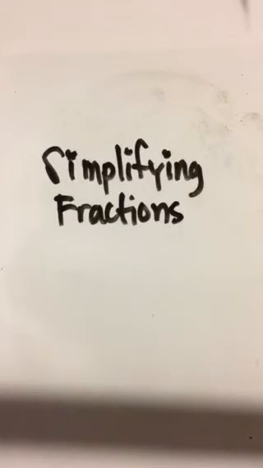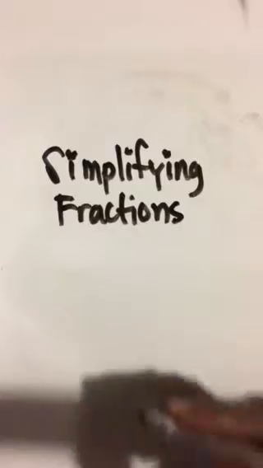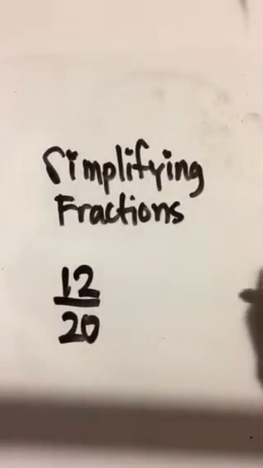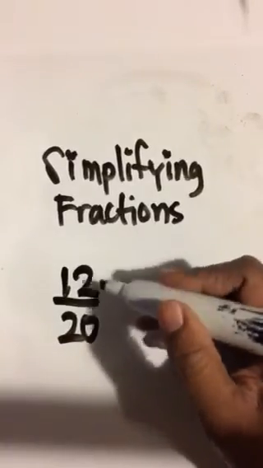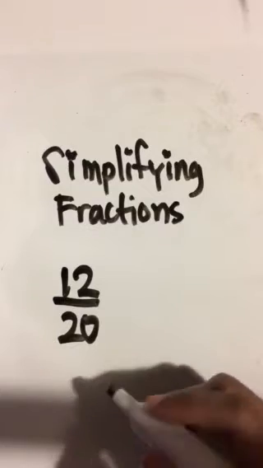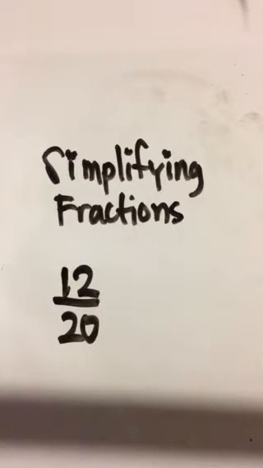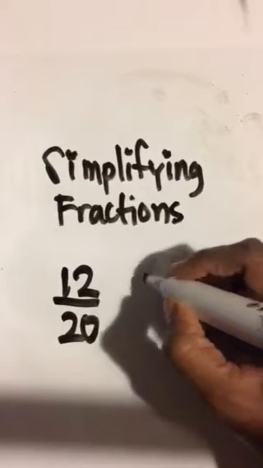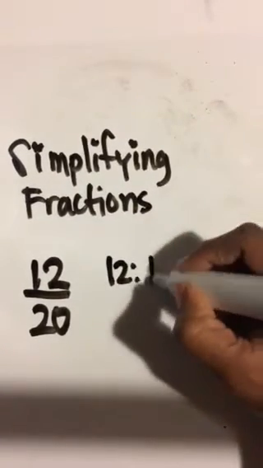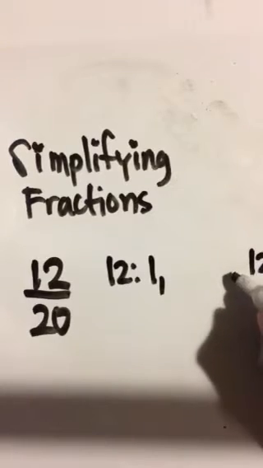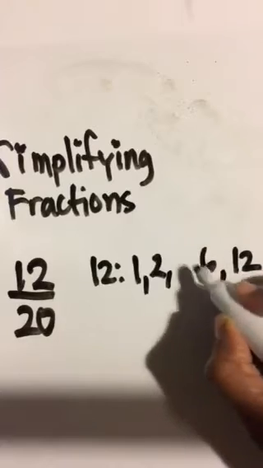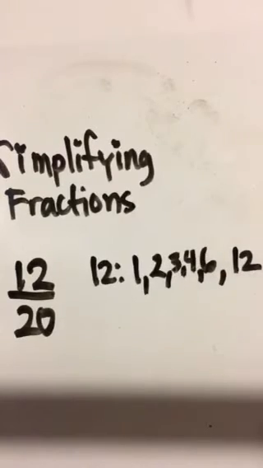So let's say we find our sum or difference and it's equal to 12 20ths. Okay, well, I noticed that 12 and 20 are both even numbers, which means they can be cut in half. But let's go ahead and find the factors of 12 and 20. One and 12, 2 and 6, 3 and 4.